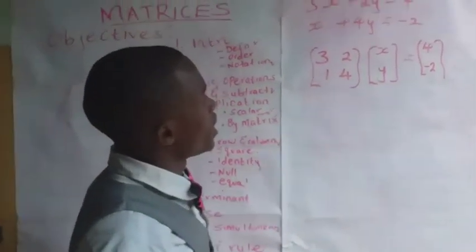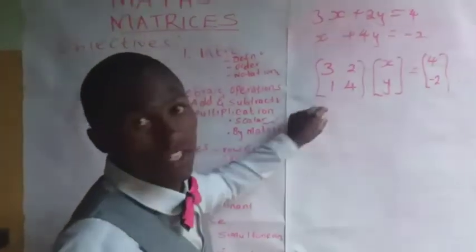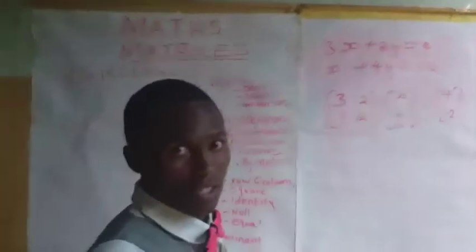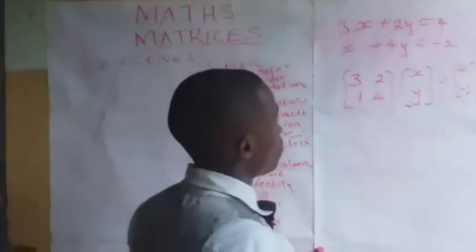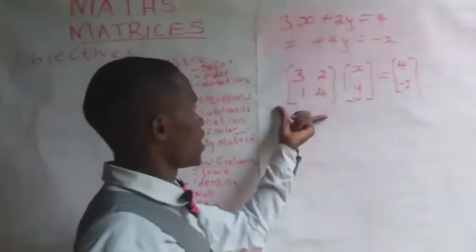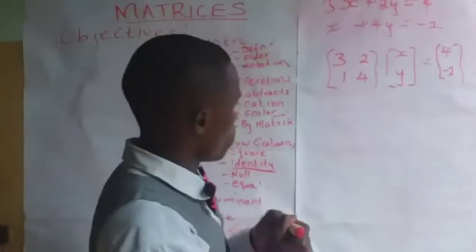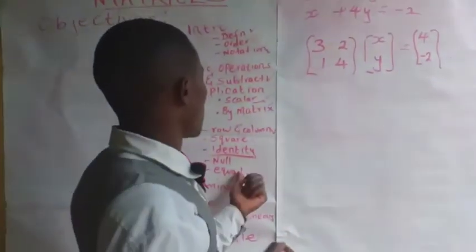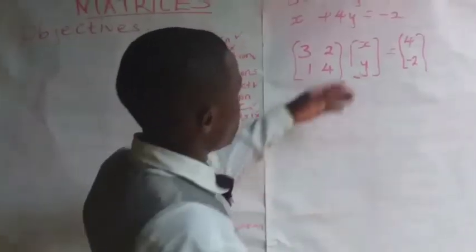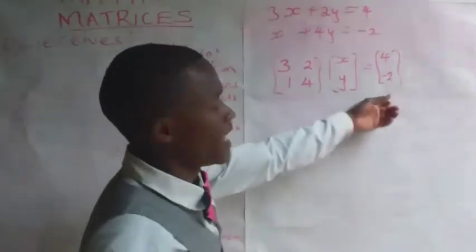We want to eliminate the coefficient matrix, because we need to remain with the variables and the constants so that we can find the solution. How do we eliminate this? You multiply it with an inverse so that we get what we call an identity matrix. After that, we'll remain with the variables matrix, which is x, y, and the constants.